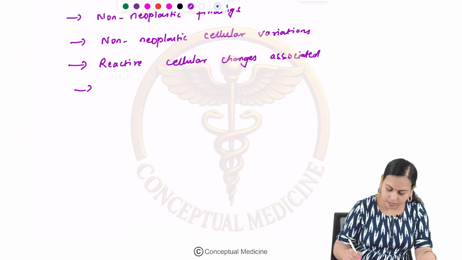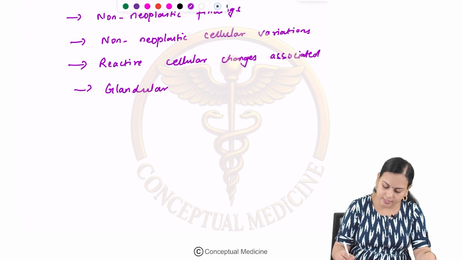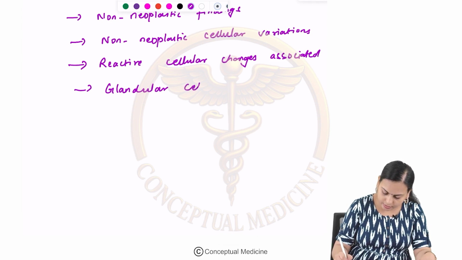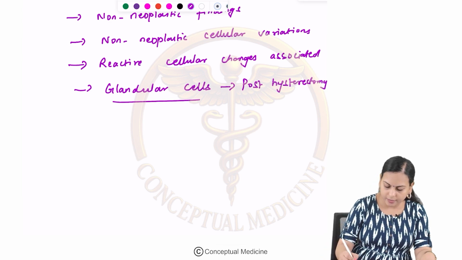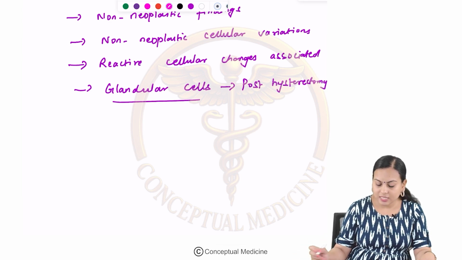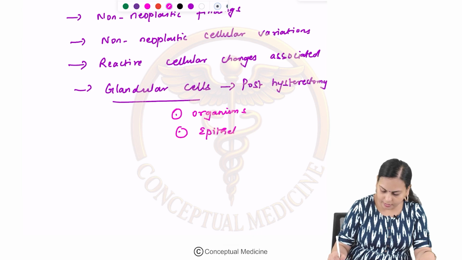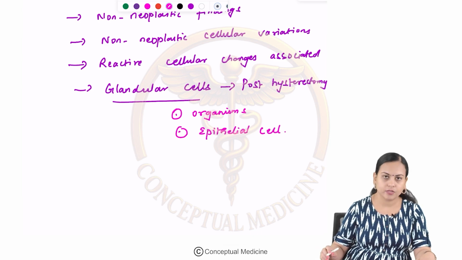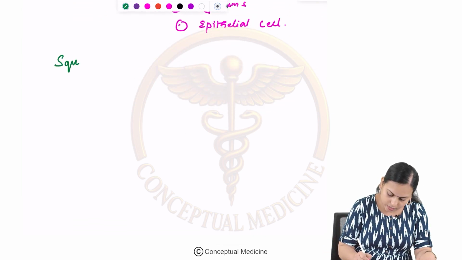Then in post-hysterectomy specimens, you can see glandular cells. Okay, so this is seen in post-hysterectomy status specimens. Okay, so in this status, you can even identify any organisms if present or any epithelial cell abnormalities. Okay. And the next one, what you have to know is squamous cell changes.